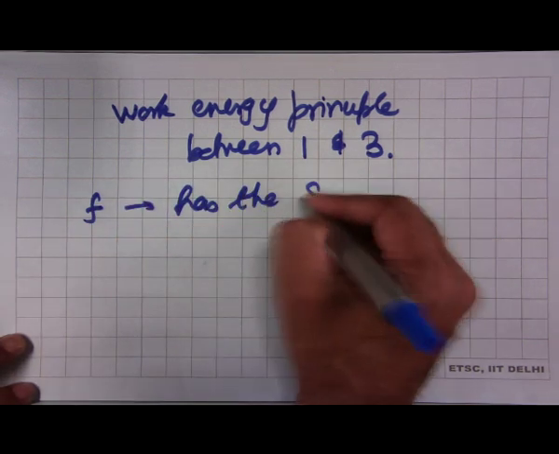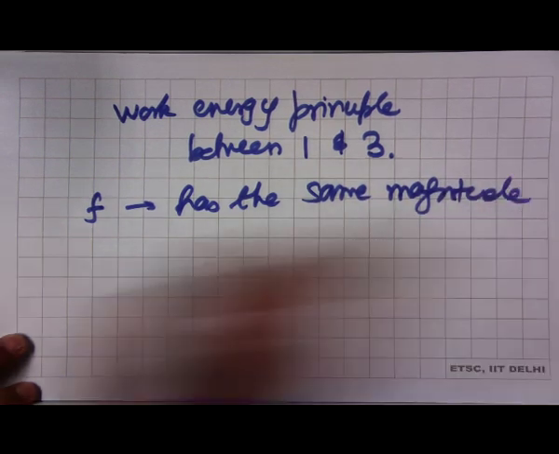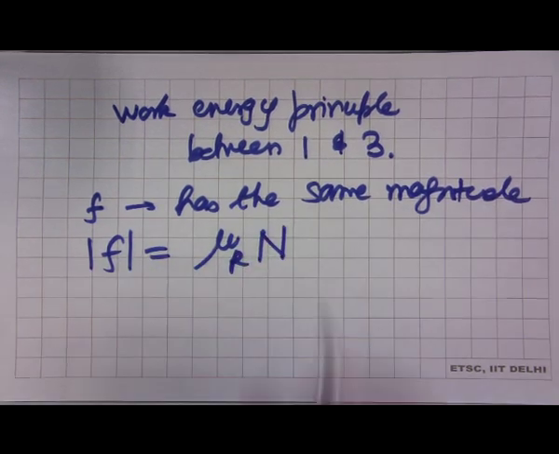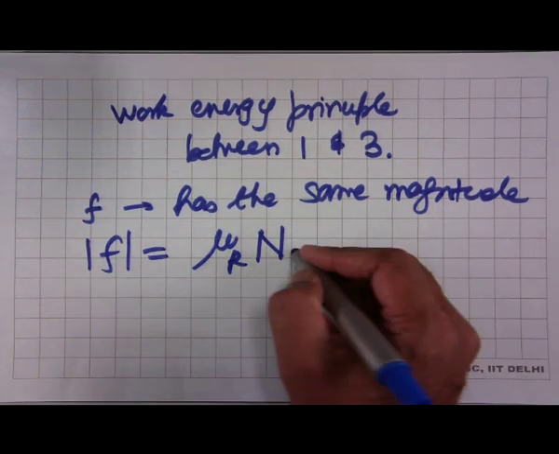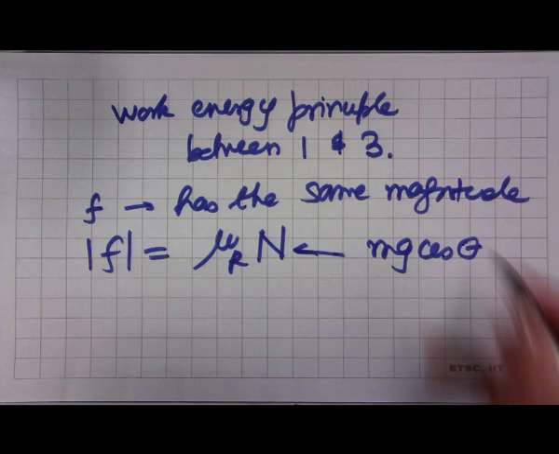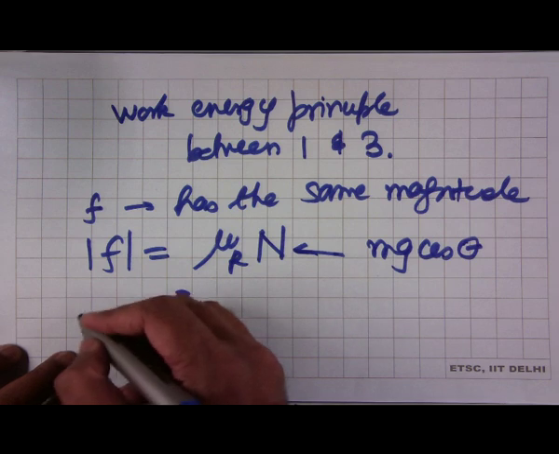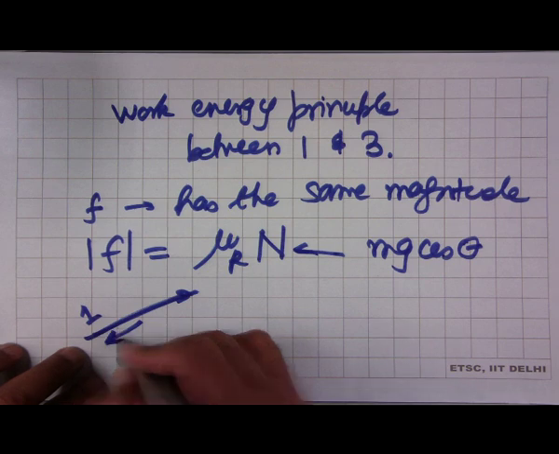has the same magnitude. We have seen that the magnitude of the friction force is equal to mu k N, and whether the particle is moving up or down, N is equal to mg cos theta. But when the particle moves up, the friction force is in the downward direction.